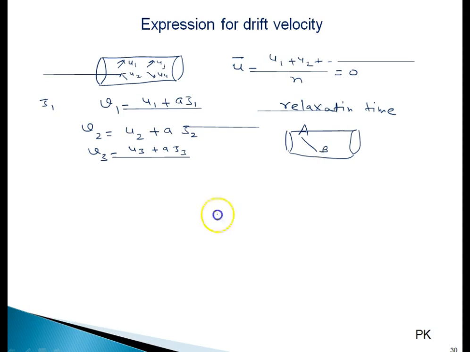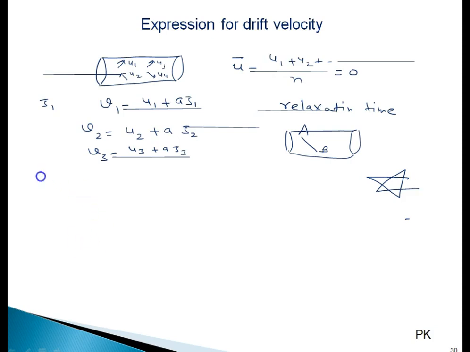But you say collision is random. It means that what we are observing is that relaxation time is not constant. Somewhere it is short, somewhere it is long. So what we do is take the average relaxation time for all calculations. That is known as the mean relaxation time.